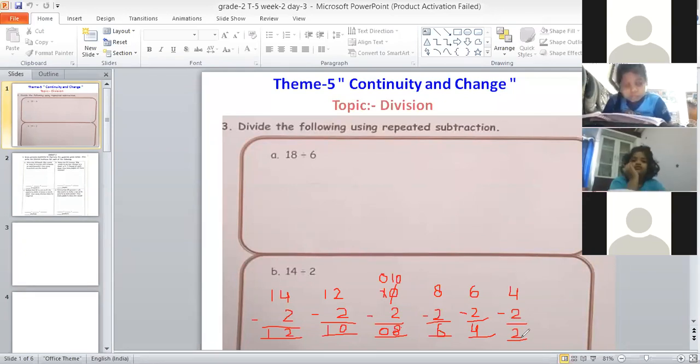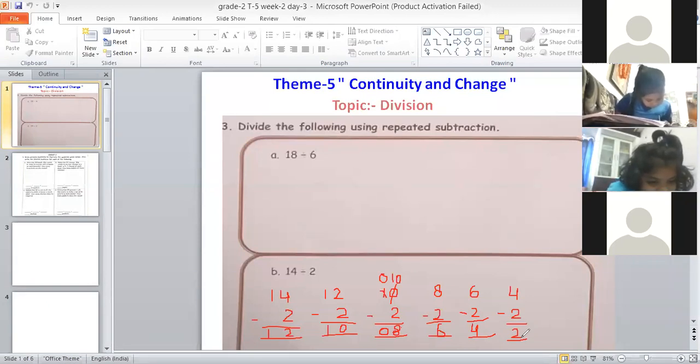Ashrita, now you tell me what we'll write next. Ashrita, I'm unable to hear anything. I can see that you are trying to speak, but I'm unable to hear.